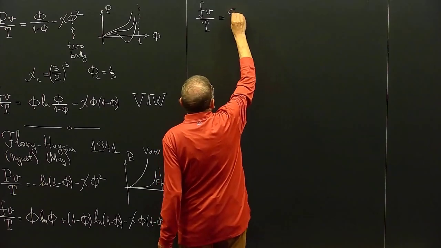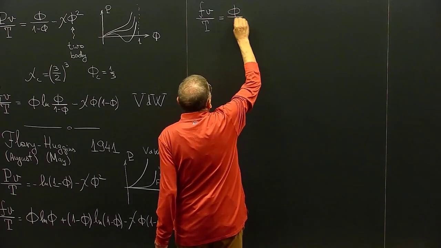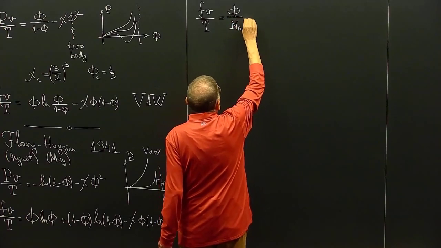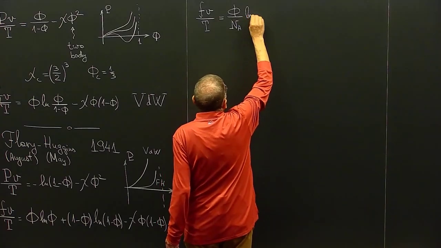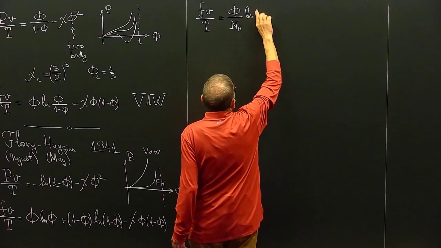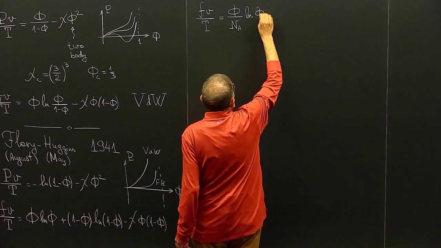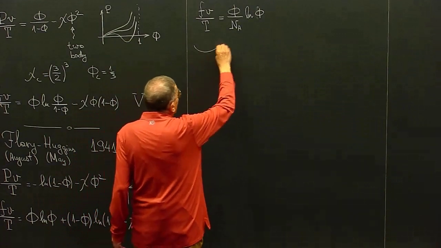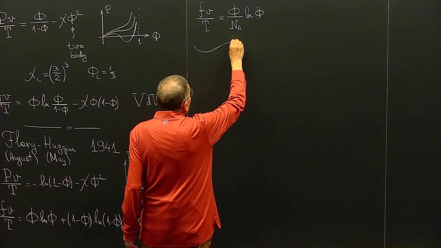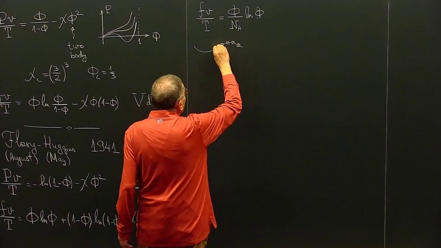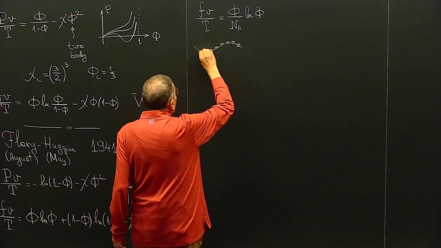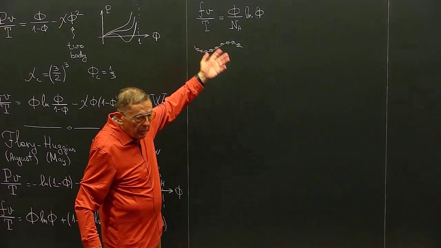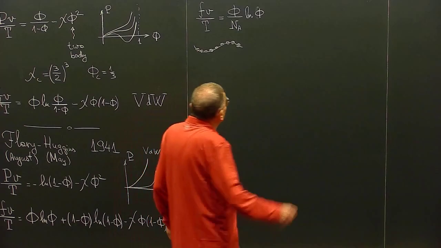Their idea was to say that translational entropy of chains is just reduced by the factor of n. If your particles are connected in chains, n particles in one chain, then this is what you have. This is your mixing entropy for the chains. It's just a reduction by the factor of n.